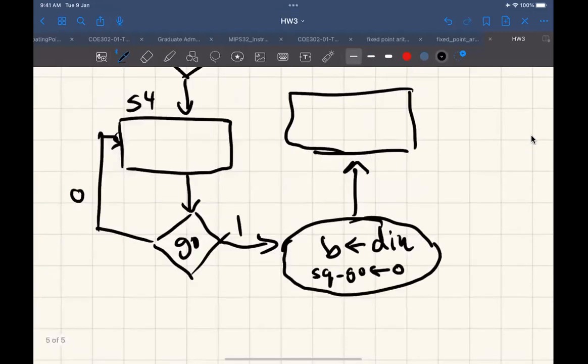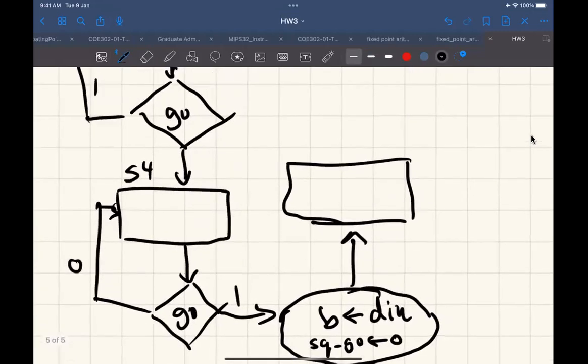And then at this state, which is S5, I'm going to set square go to be 1. Now this is a positive edge on go, right?